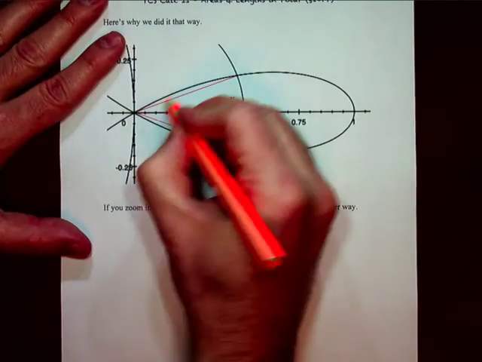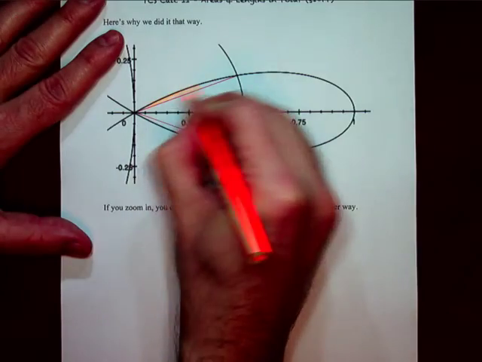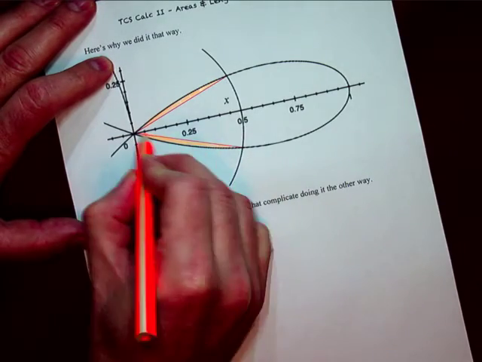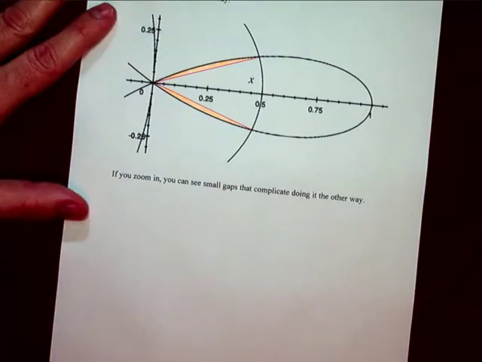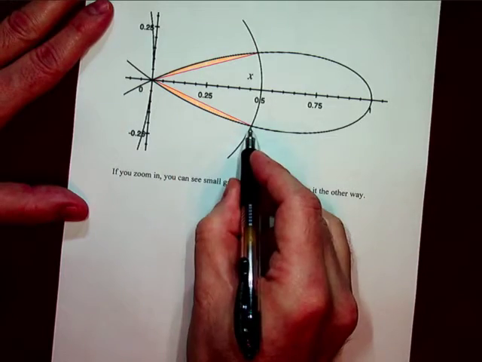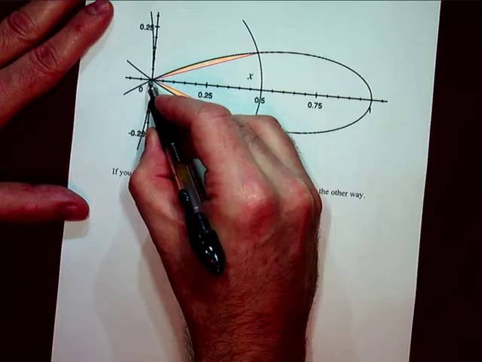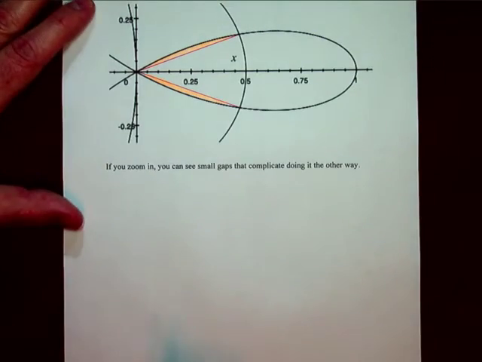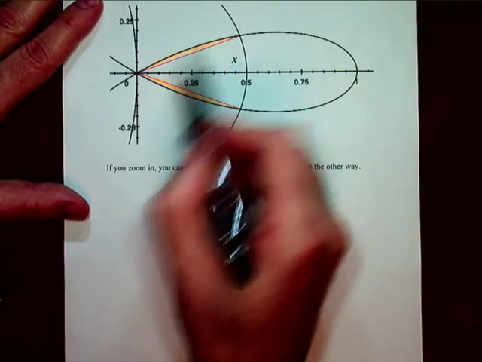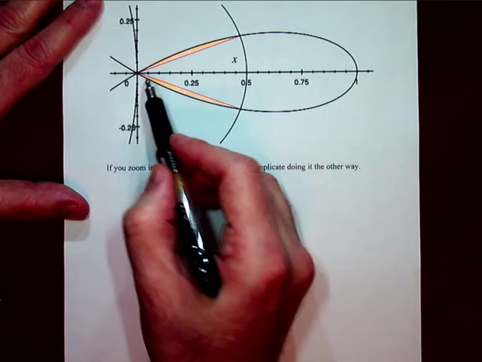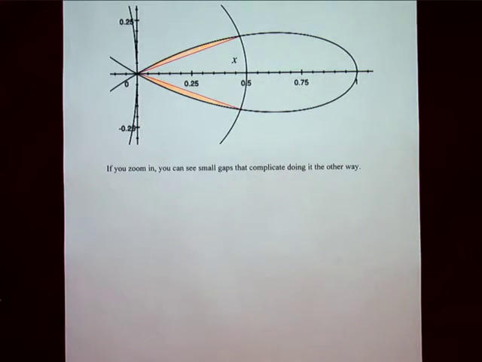But we have these itty bitty slivers, and we happen to know that those happen between negative pi over 6 and negative pi over 9, and between pi over 9 and pi over 6. So we already have the limits of integration to find those, but those little slivers are simply of the petal, whereas this middle portion is only of the circle.